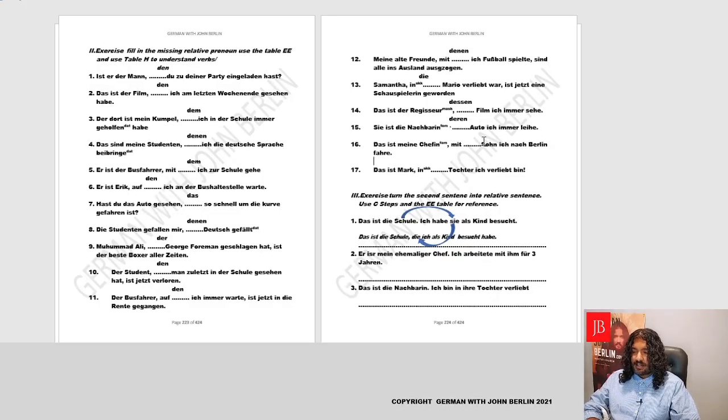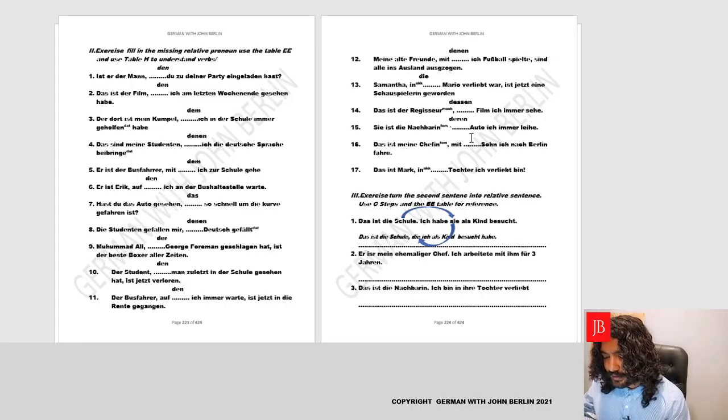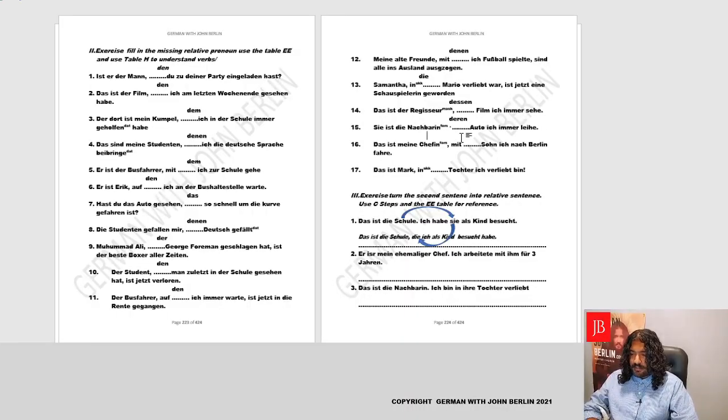We see that here it's a noun after the relative pronoun. That means we need a genitive relative pronoun. Yeah, don't get confused with the mit. Here it's a preposition. Though it will still remain a dative form, this first relative pronoun would be genitive as an exception.